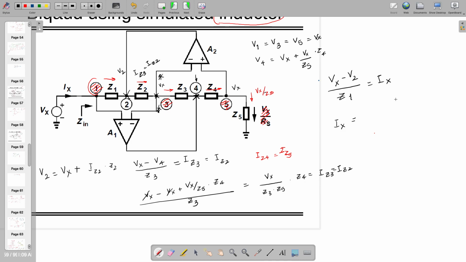And then you have to find Vx by Ix. Whatever Vx by Ix you find, that is the input impedance. And that input impedance will be, in this case, Z1 Z3 divided by Z2 Z4. I forgot the exact formula, but it has to be similar to that.